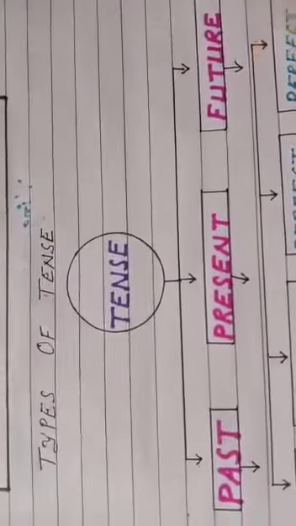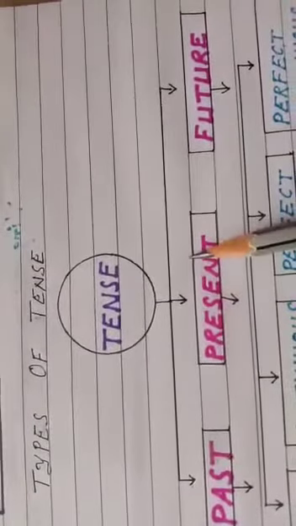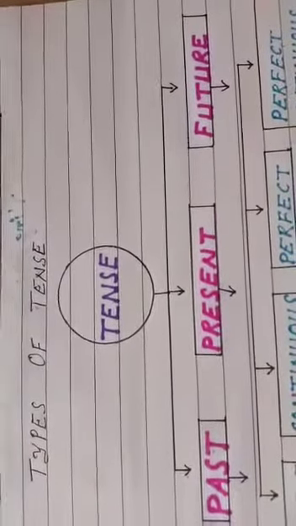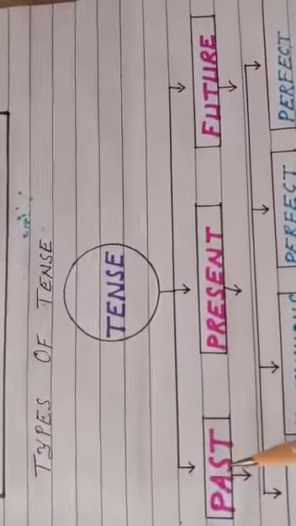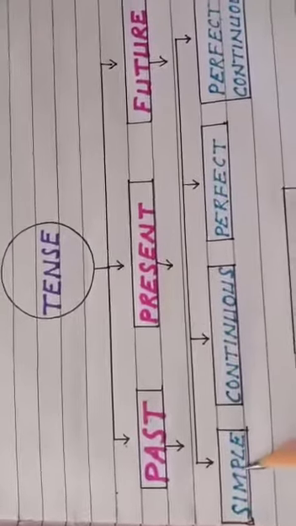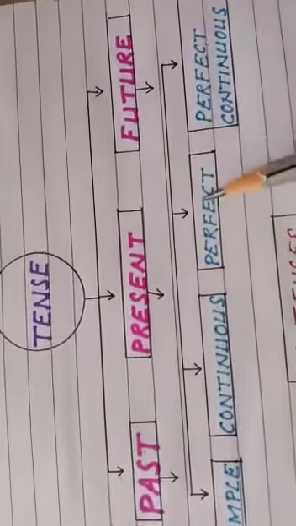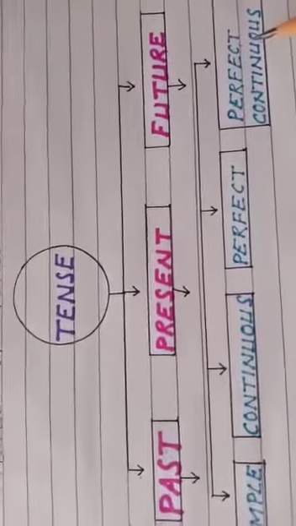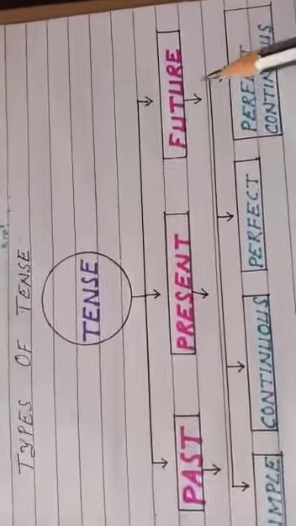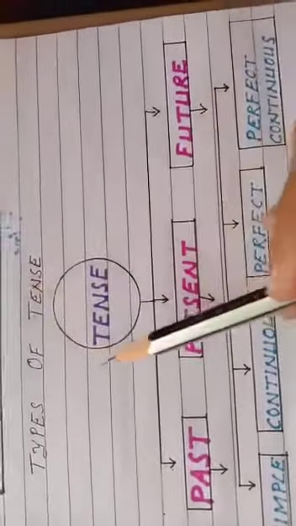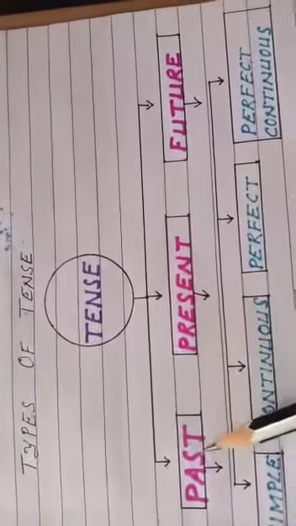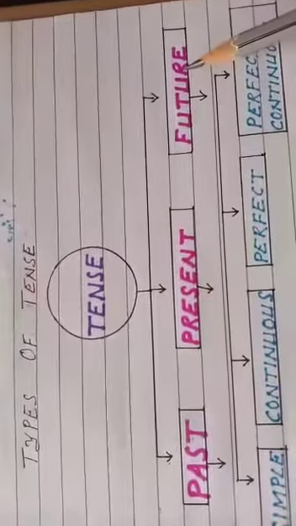Now, as time could be past, present, or future, tenses are divided mainly into three types: past tense, present tense, and future tense. Each of these tenses has four subtypes: simple, continuous, perfect, and perfect continuous. You can consider it as a family tree where grandfather tense has three children, namely past, present, and future.